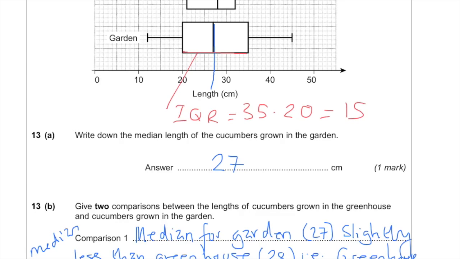The greenhouse grown cucumbers have an interquartile range that stretches from here to here, i.e. their interquartile range is equal to 32 minus 21, which is an interquartile range of 11. Now this means that the interquartile range for the garden cucumbers is larger than the interquartile range for the greenhouse cucumbers, which means that there is more spread or greater variation in the lengths of cucumbers grown in the garden compared to those grown in the greenhouse.